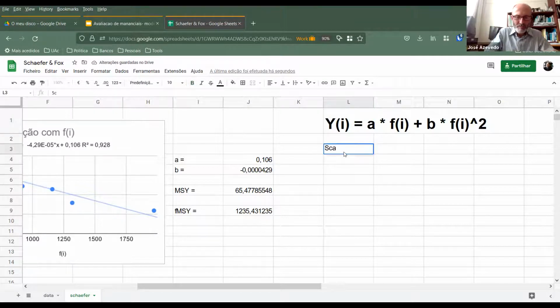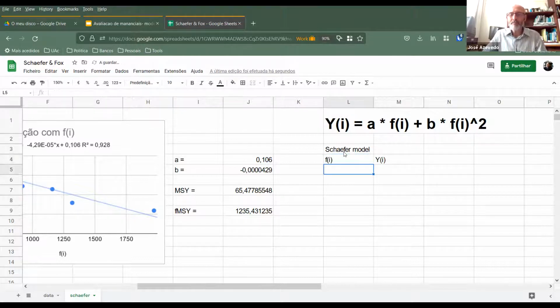So for the Sheffer model, it will give me the yield Y based on the fishing effort. I'm going to use a set of fishing efforts.